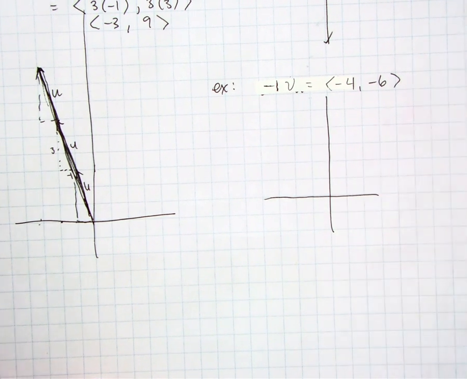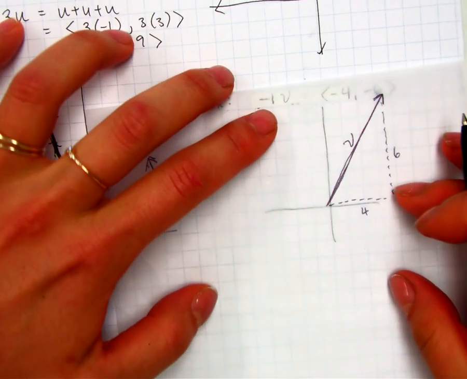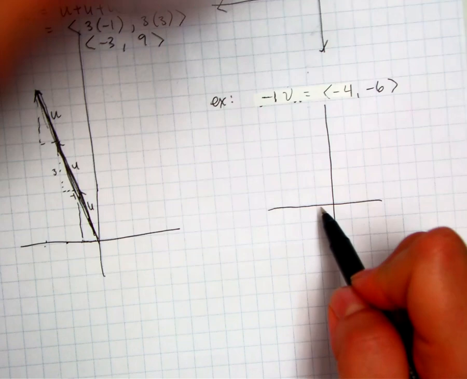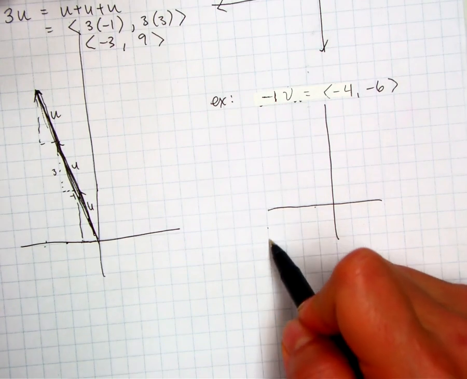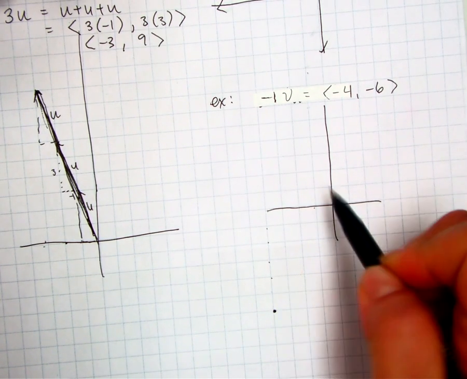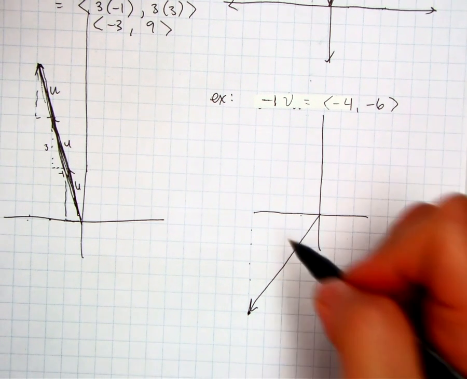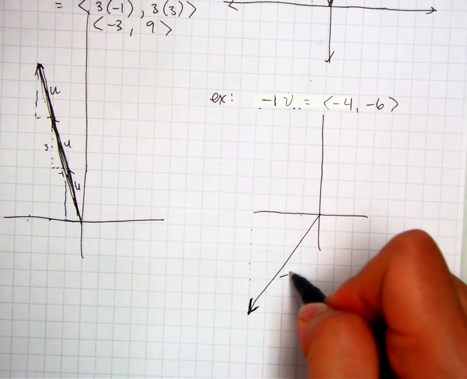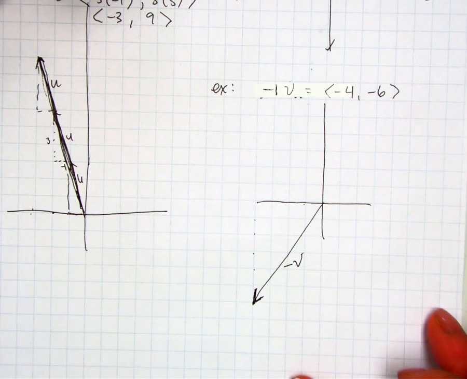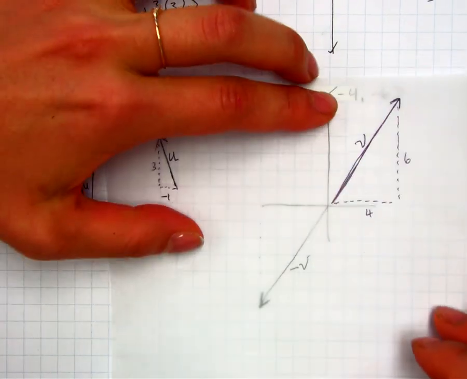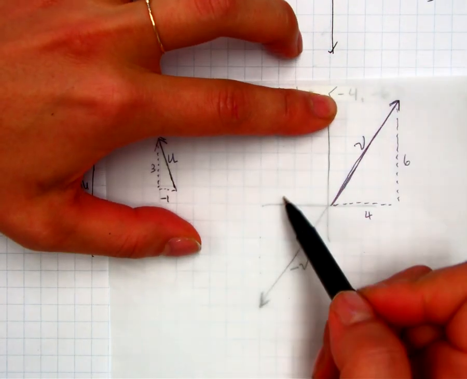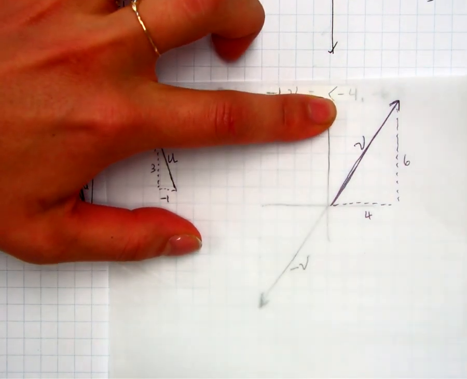So this is where my v used to be, but I'm negating it. -1, 2, 3, 4. 1, 2, 3, 4, 5, 6. So this becomes my negative vector v in comparison to this positive v. So you see how it goes in the opposite direction?